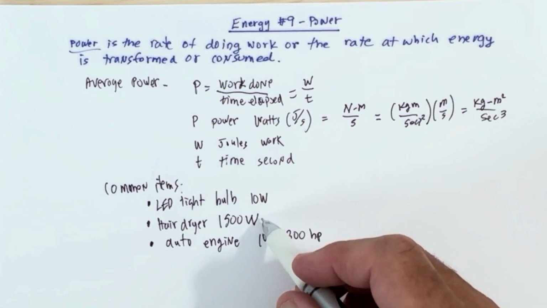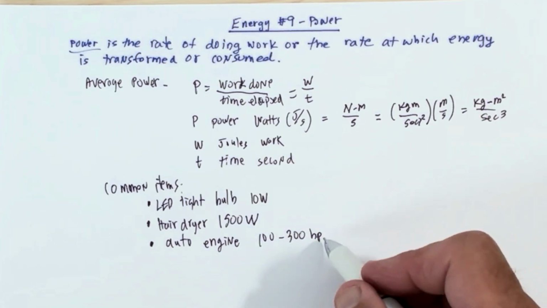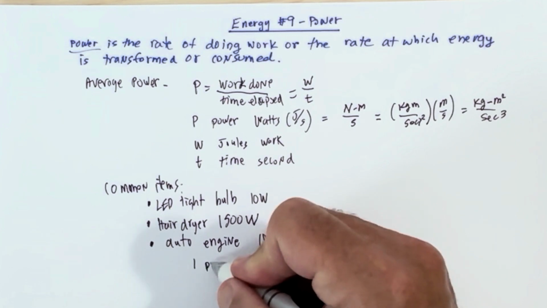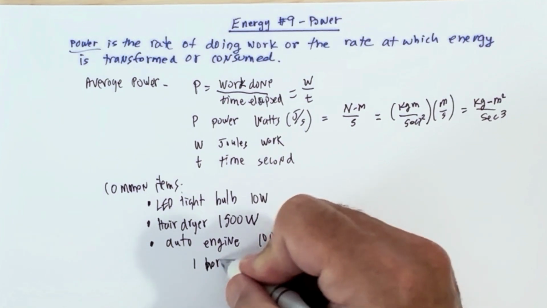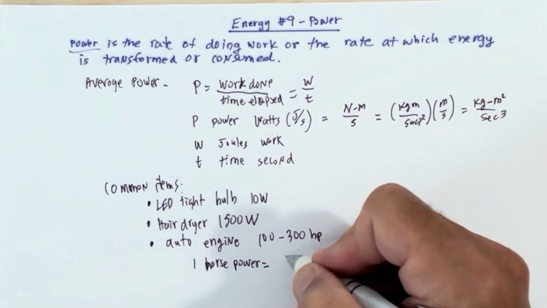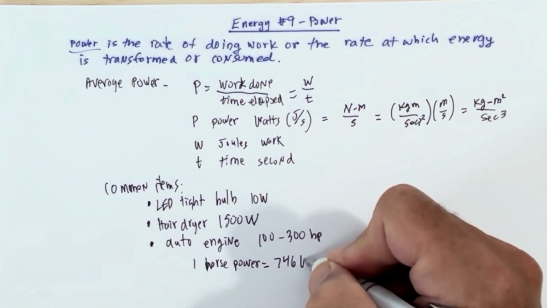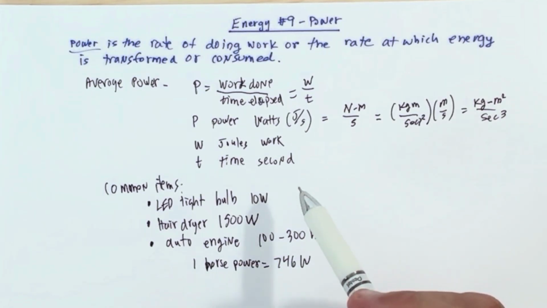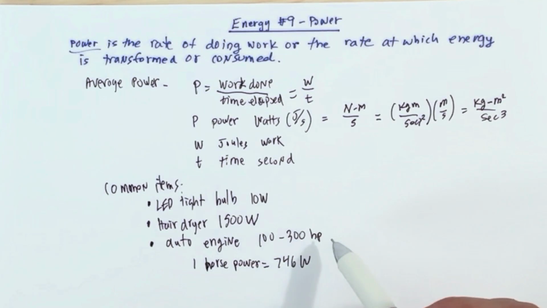Watts is the international SI unit, and this is the imperial unit. But there is a relationship: 1 horsepower is equal to 746 watts. So it's a simple conversion. Typically in physics problems, we're going to be dealing with watts, but in actual life, there are a lot of places where you'll see horsepower used.